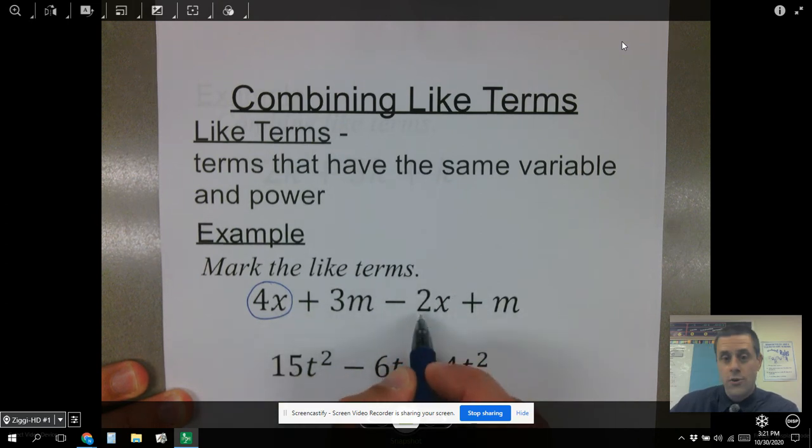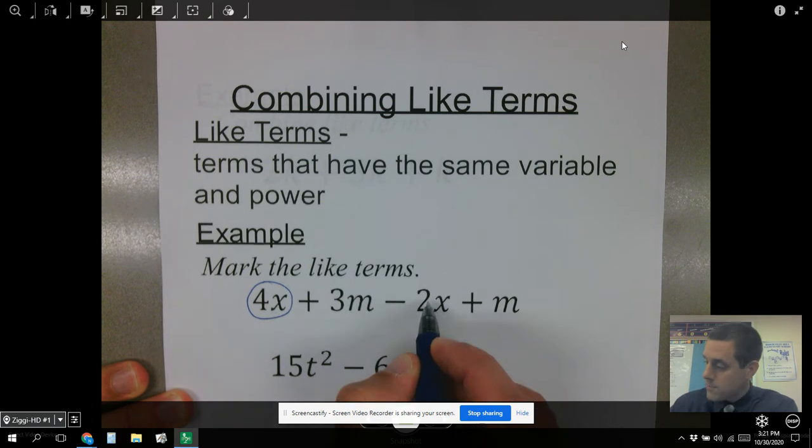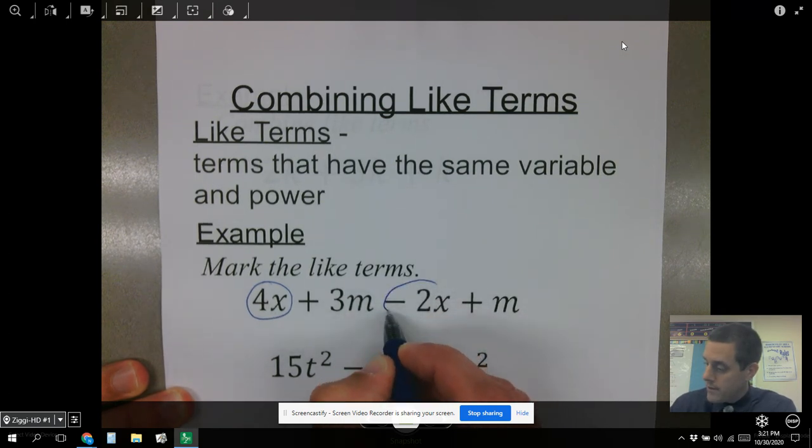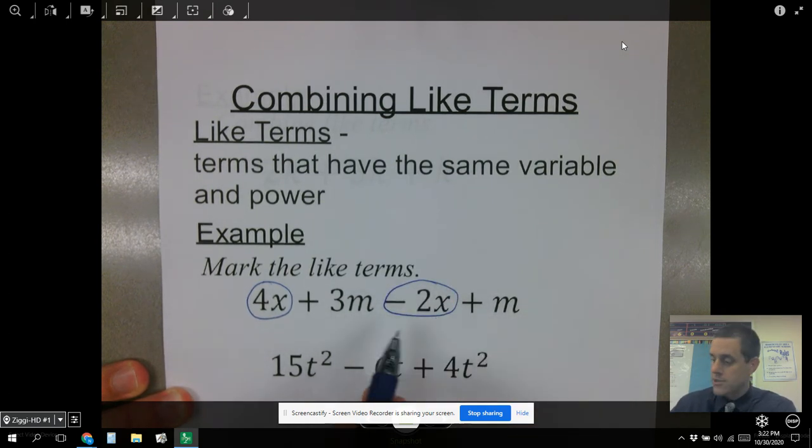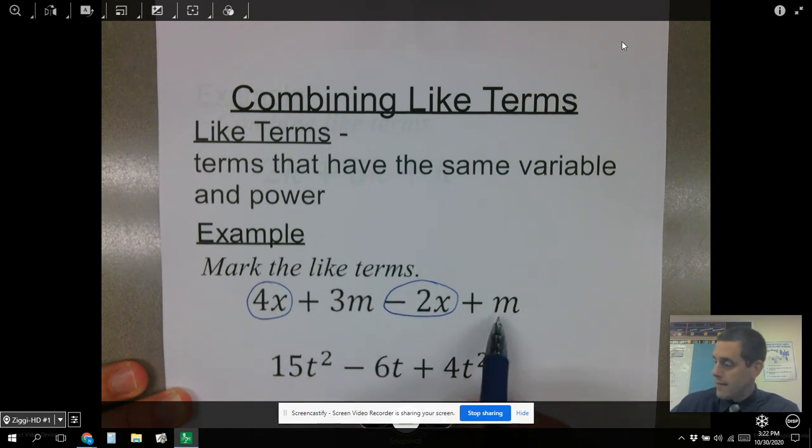Now I'm going to circle 2x as well, but when I circle a term that is further into the expression, I want to grab that plus or minus sign that's in front of it. So the minus sign goes with the 2x. And then finally we have an m, which is not like 4x or 2x because it has a different variable.